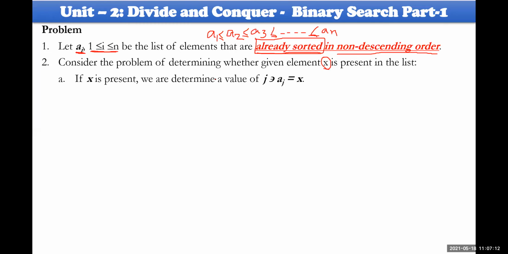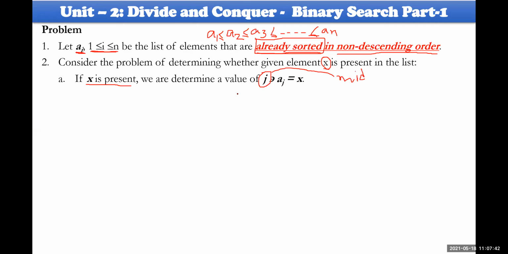The third one: if X is present within the list of elements, then we have to determine a value of another index, J, such that A of J equals X. In actual implementation, this J will be called mid, the mid element.